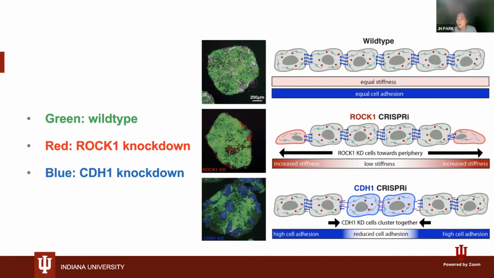In the first row, there is no gene knockdown, so they are in homeostatic contact energy and tension status. In the second row, the red cells with ROCK1 knockdown moved out toward the edge because those cells lost cytoskeletal tension within the cell, like a rubber band that lost elasticity and increased stiffness. In the last row, the blue cells with CDH1 knockdown lost adhesive contact with other cells, so they isolated themselves from others.